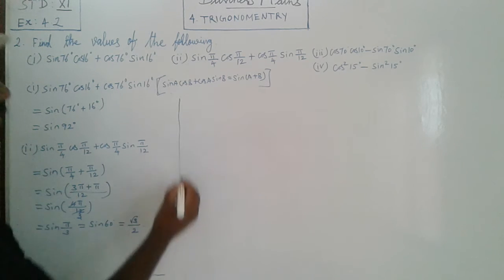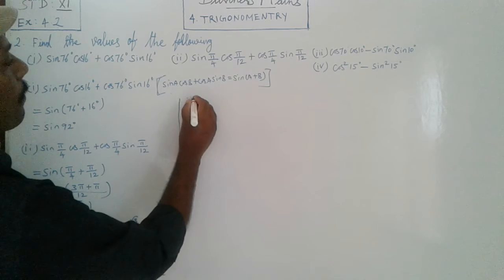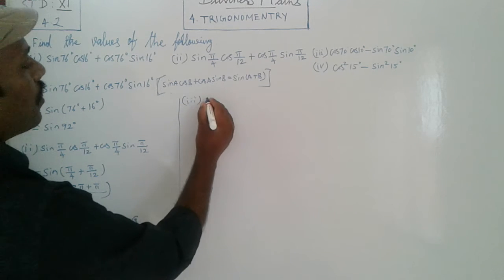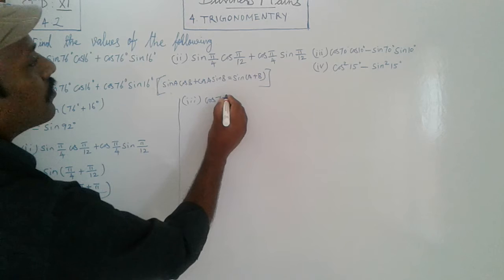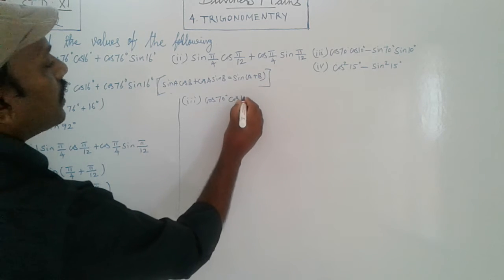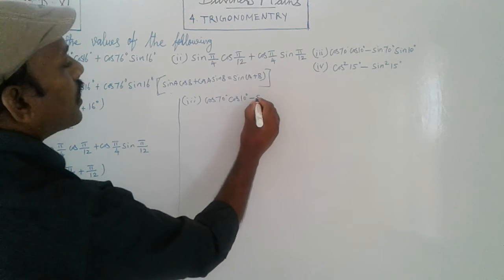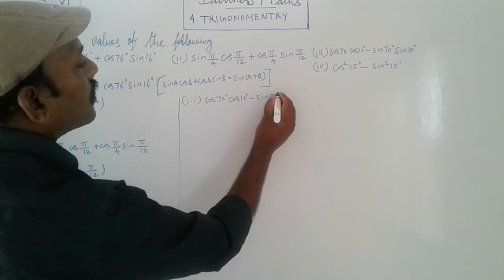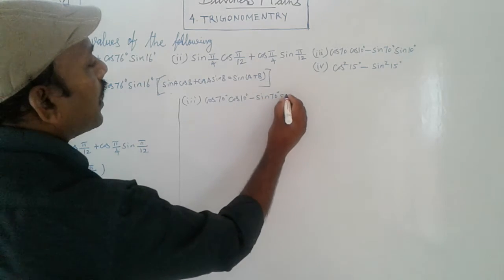Next, third sum: cos 70 degree cos 10 degree minus sin 70 degree sin 10 degree.